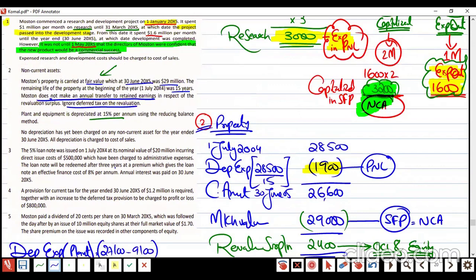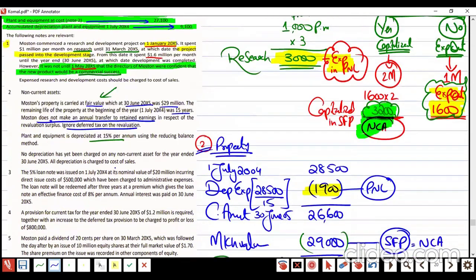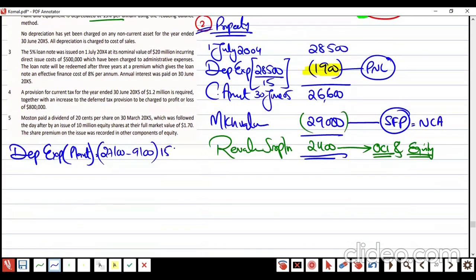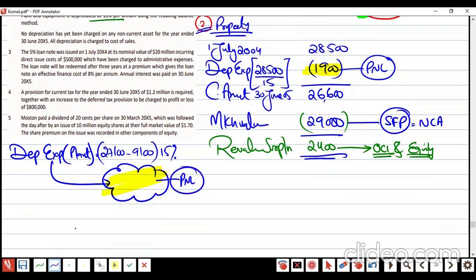The percentage of depreciation is how much? 15%. So the depreciation expense, which is going to be in profit and loss, how much? $2,700.